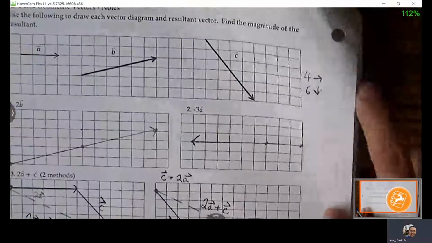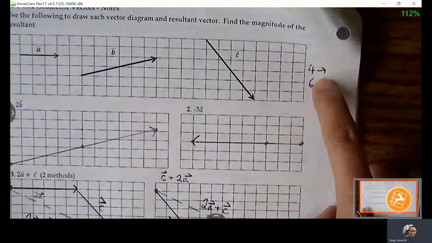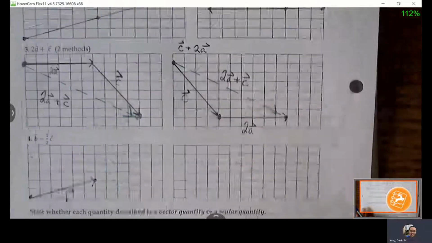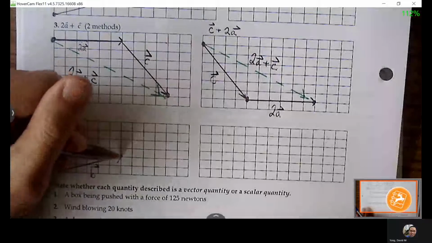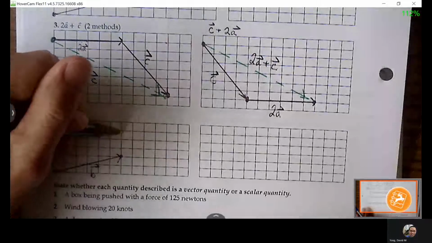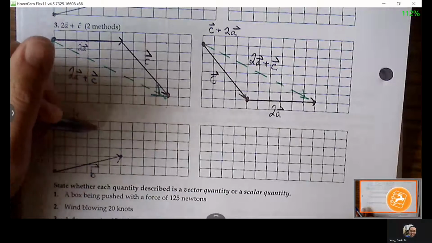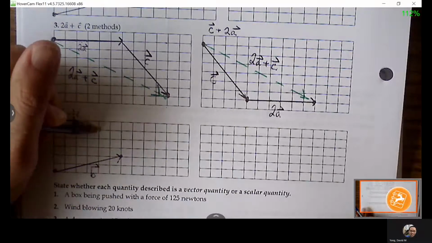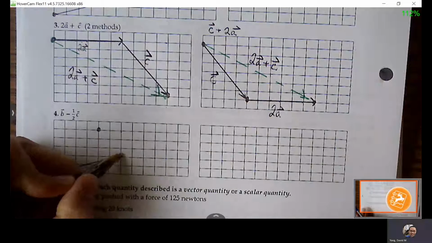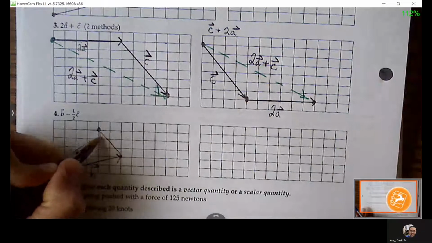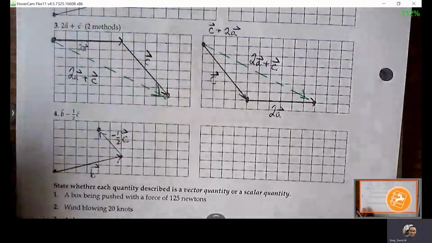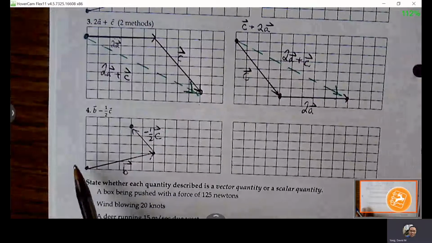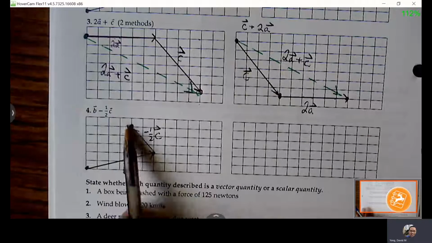So C was 4 and 6. Now we're going to make it 2 and 3, or in this case, 3 and 2. So there's my B, there's my -1/2 C.